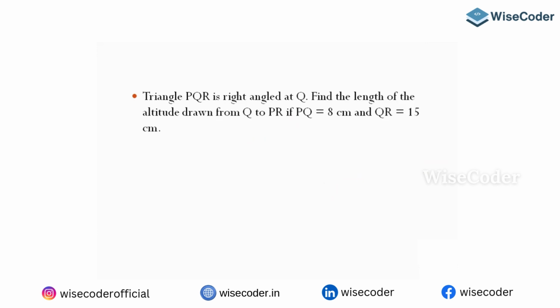Triangle PQR is right angled at Q. The length of the altitude drawn from Q to PR. Okay, hang on, let me draw it. Let me take this as P and this as R, and this is Q, and they are telling that here the angle is 90 degrees.